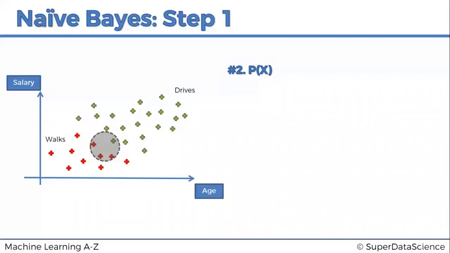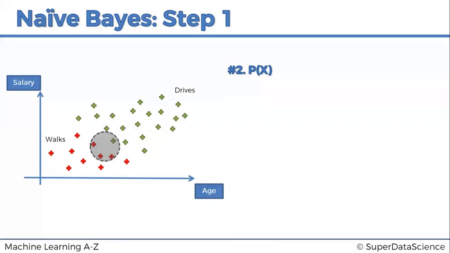Anybody who falls somewhere in that vicinity is going to be deemed similar to the new data point that we're adding to our data set. So as you can imagine, this radius is actually going to have a big say in the way your algorithm works.